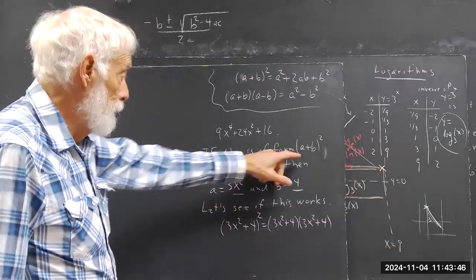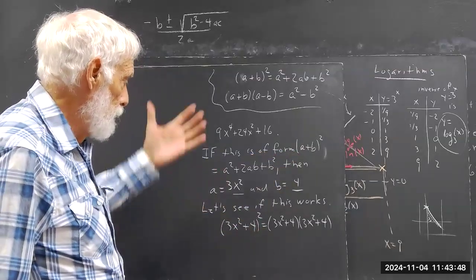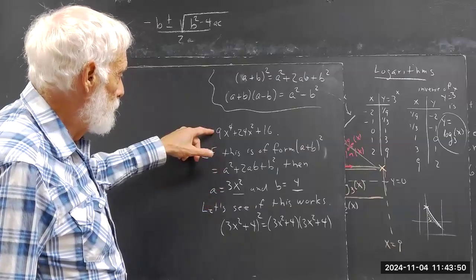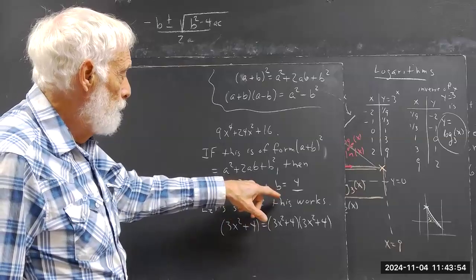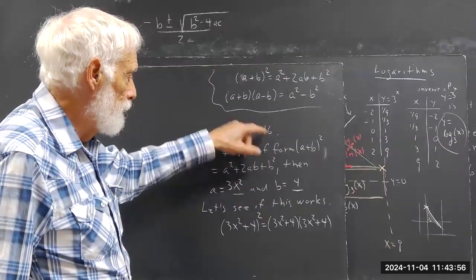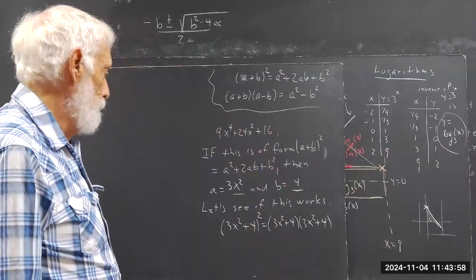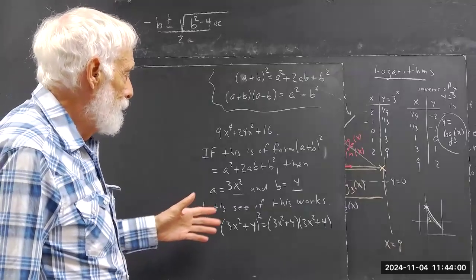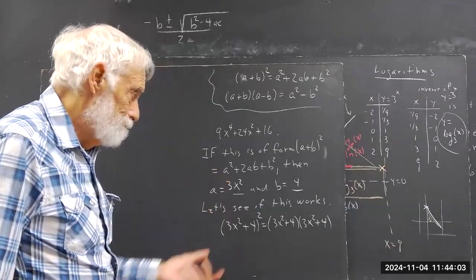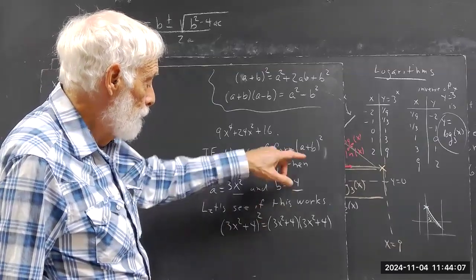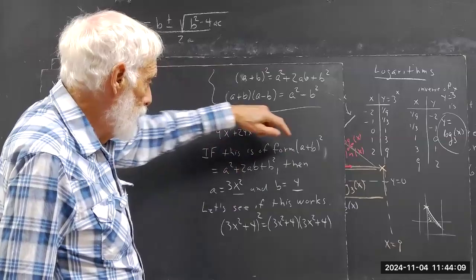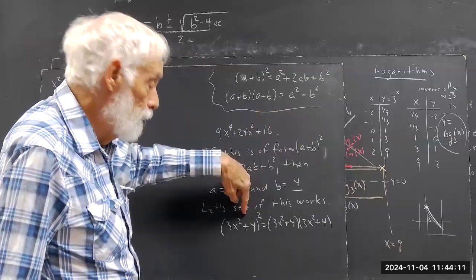Again, a squared has to be 9x to the fourth, so a has to be 3x squared. b squared has to be 16, so b has to be 4. Then we at least hypothesized that this would be 3x squared plus 4 quantity squared, because if a is 3x squared and b is 4, this is what we get.